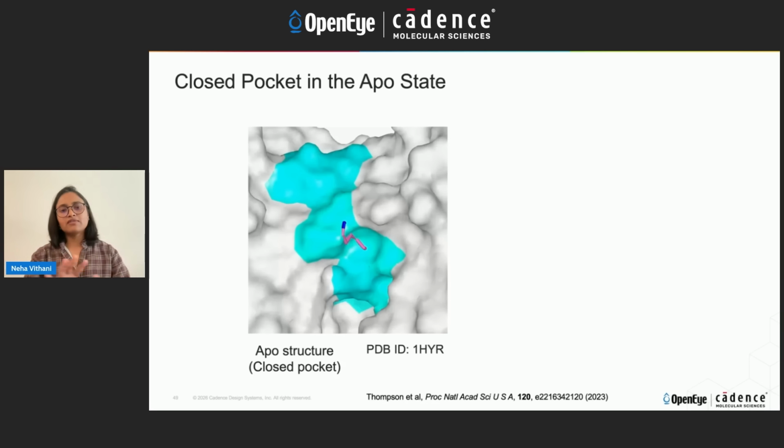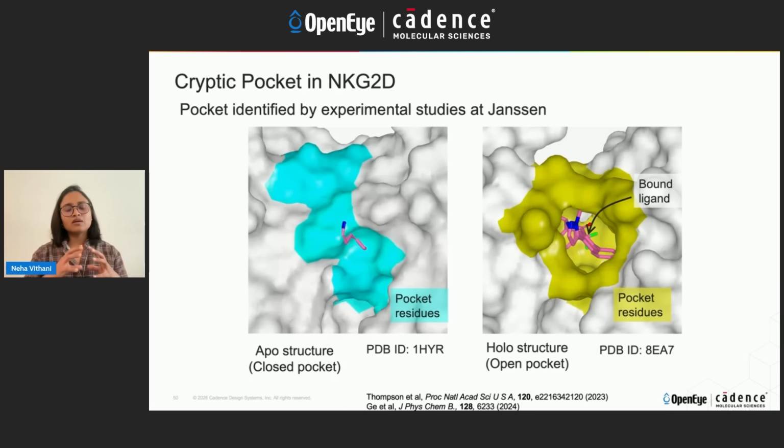Here I'm showing you relatively flat surface of the apo structure of specific region in this protein NKG2D. Recently, an extensive experimental study conducted at Janssen identified a cryptic pocket that would transiently open because of protein dynamics.